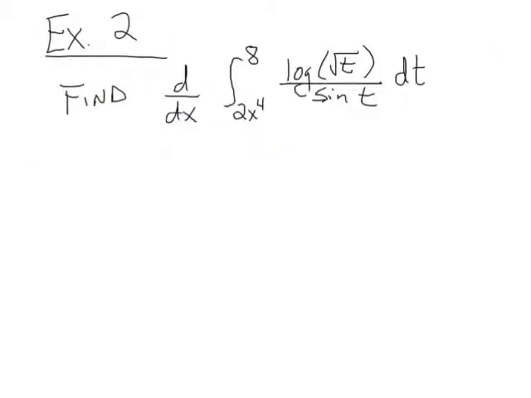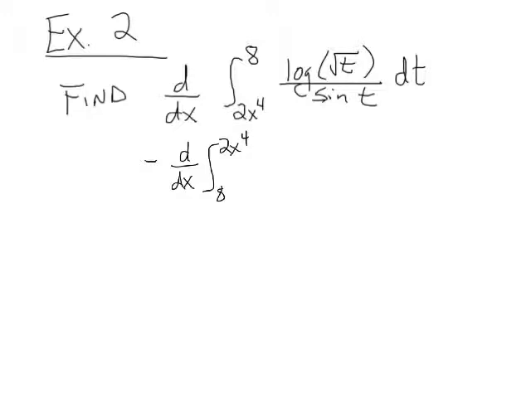Right, in example 2, we have a case where our variable is actually in the bottom, and we can use the second part of the fundamental theorem of calculus so that we're able to rewrite this as negative the derivative of the integral from 8 to 2x to the fourth.